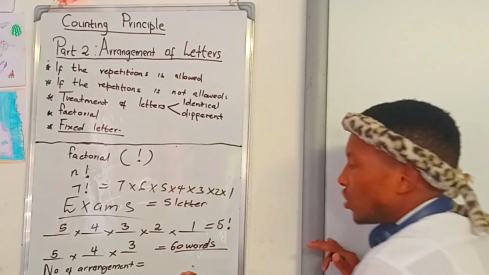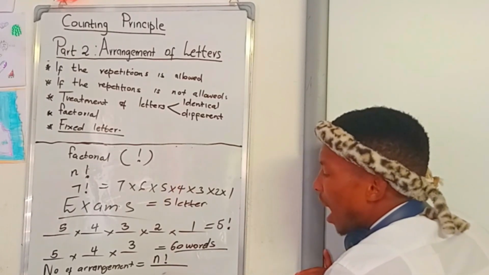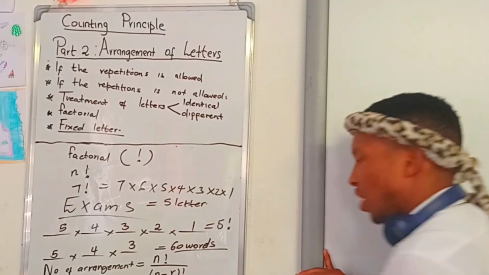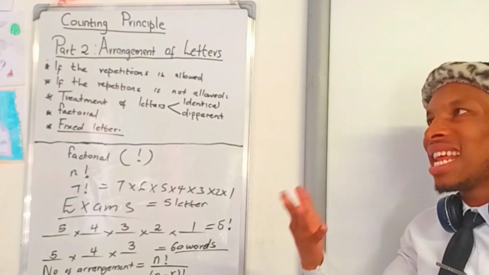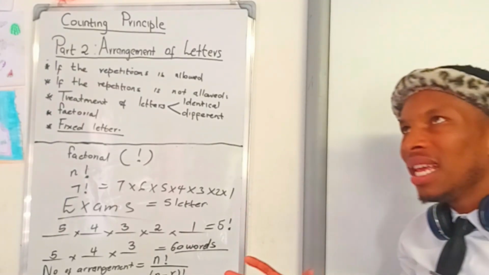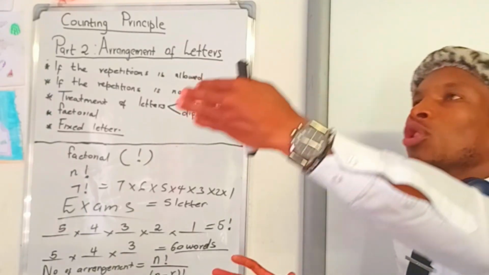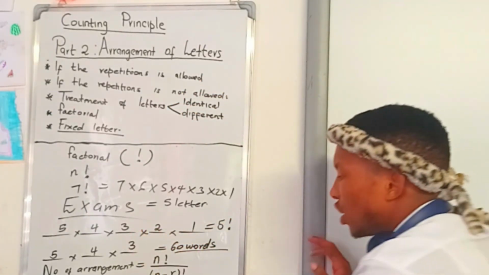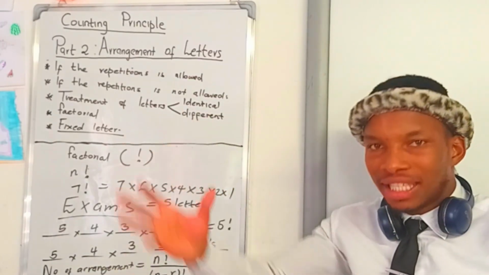All right. Then what we're going to do here is say we have n factorial over n minus r factorial. This is the formula of arrangement that we normally use when we are arranging something in a small space.